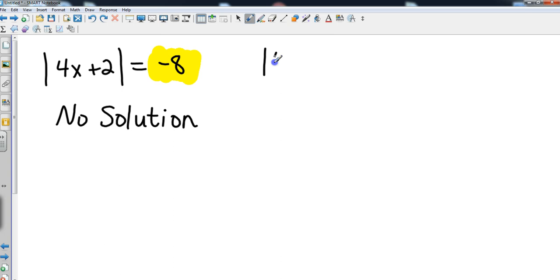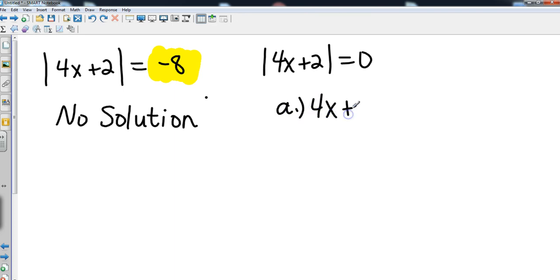What if I took that 4x plus 2 and I set it equal to 0? Obviously, there's only one 0, so I would not need to make 2 cases here. So I would just have one case, and that's going to be 4x plus 2 equals 0. And now it's a multi-step equation from a couple sections back. So we're going to get rid of that positive 2 first by subtracting it.